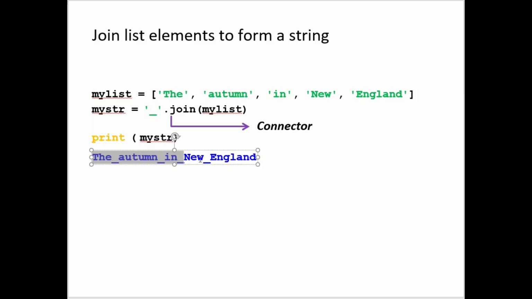So the output is going to be a string where each of these words is joined not by a space but by an underscore. If you wanted to really put it back together, you could call it on a space character. So these two methods are called on strings, but they both involve lists. The function is looking to a list to see what to put back together, so to speak. It's going to be the argument here.